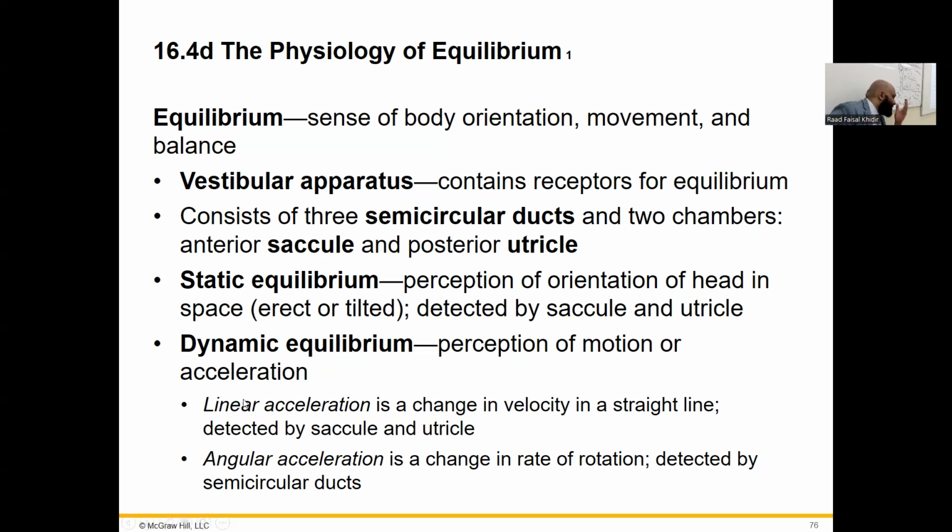So we can accelerate linearly, or we can have an angular acceleration. What's an example of angular acceleration? Ever been on a chair and you spin the chair? Yeah, that's angular acceleration. No patient with an equilibrium deficit can spin on a chair.